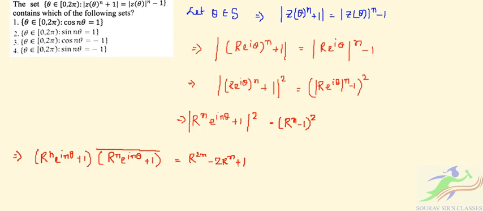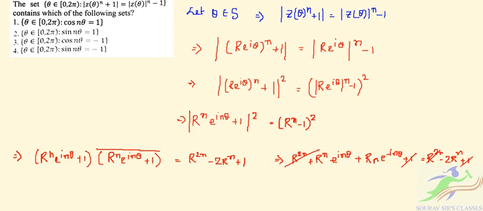Now simplify the LHS: we will get r to the power 2n, plus r to the power n e to the power i n theta plus r to the power n e to the power minus i n theta, plus 1, and the right side is r to the power 2n minus r to the power n e to the power i n theta minus r to the power n e to the power minus i n theta plus 1. These terms will cancel out.